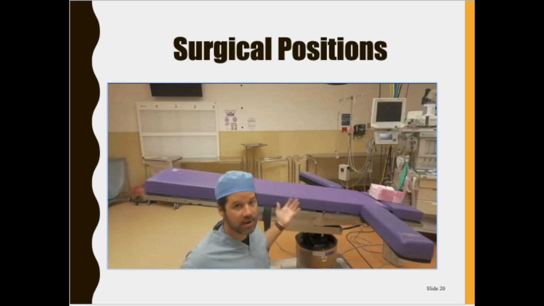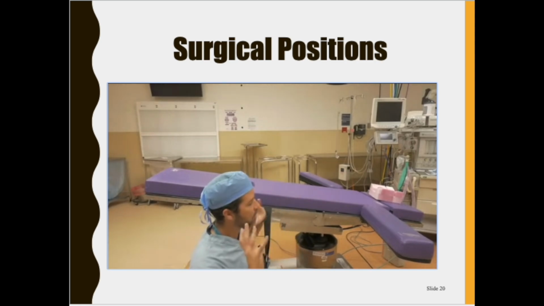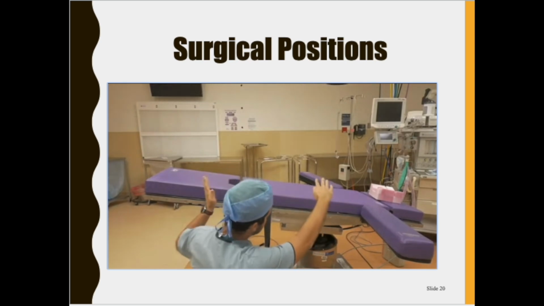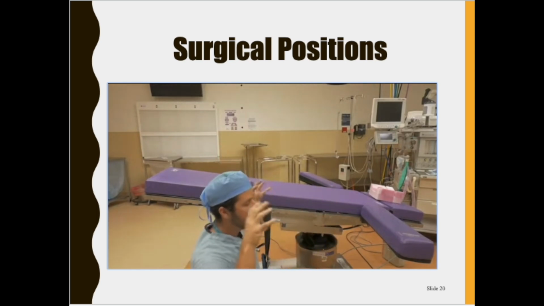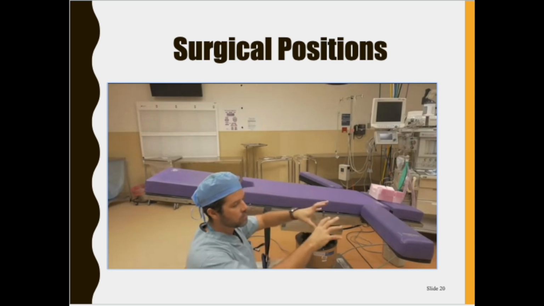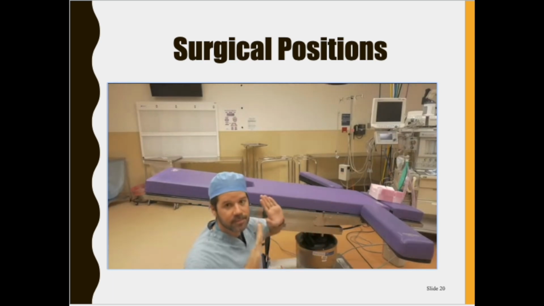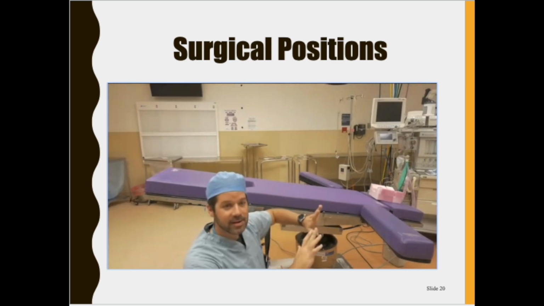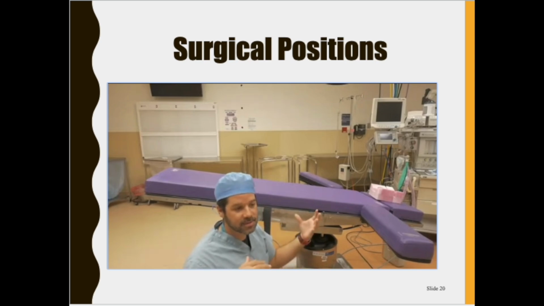So gravity works for us here. We're basically pulling the head of the patient down, putting the feet up, and it's displacing all those organs cephalad, up toward the head, and that's going to give us more room to work in the pelvis.